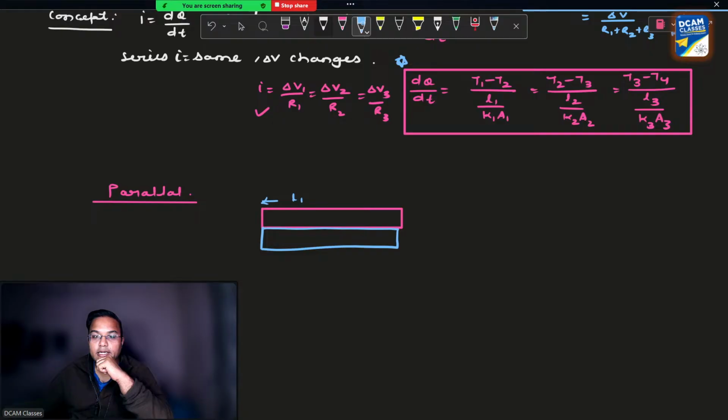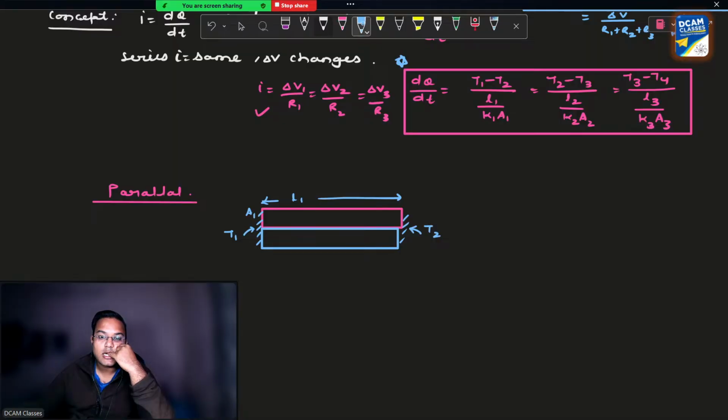Let's say it has a length L1, cross section area A1, and since they are in parallel, their temperature difference has to be same. This is T1. Here should be temperature T2. Let's say the cross section area here is A2. Length is L2.